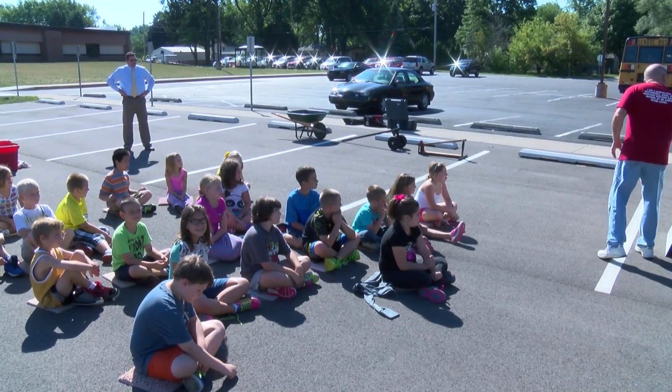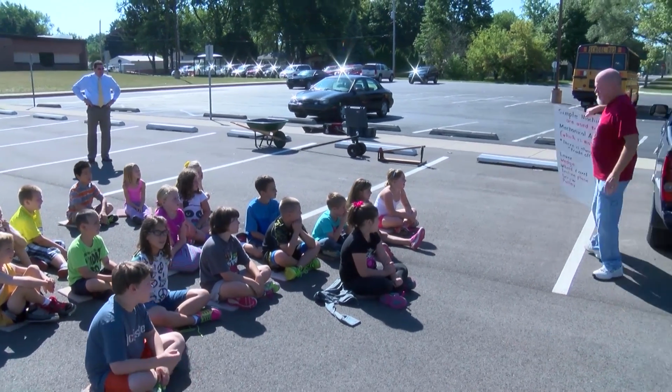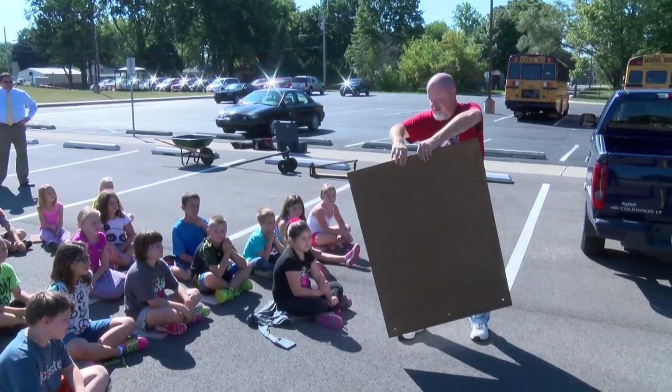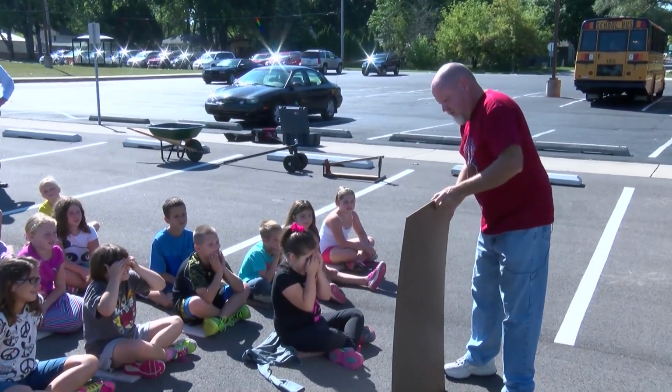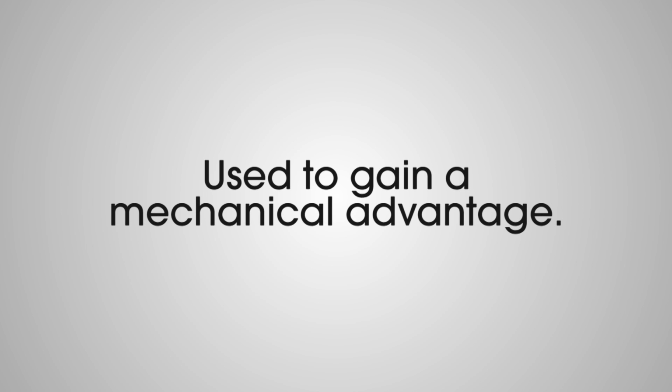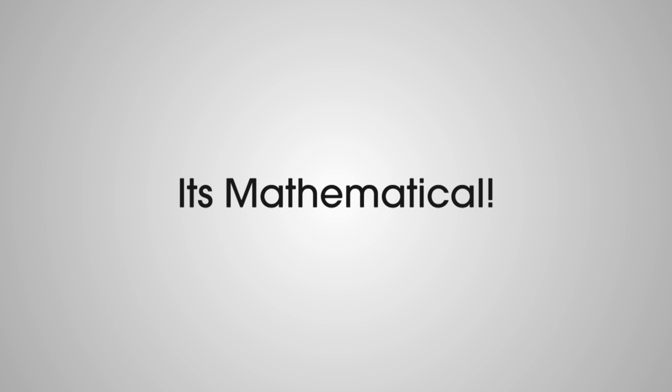Here's what I want you to get out of today. Simple machines are used to gain a mechanical advantage, and you're going to see what a mechanical advantage is in a couple minutes: an easier way to do something. It's mathematical. I'm going to give you some math problems so you can figure out before it happens what's going to happen.